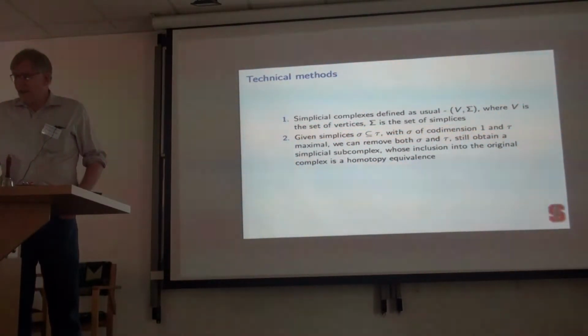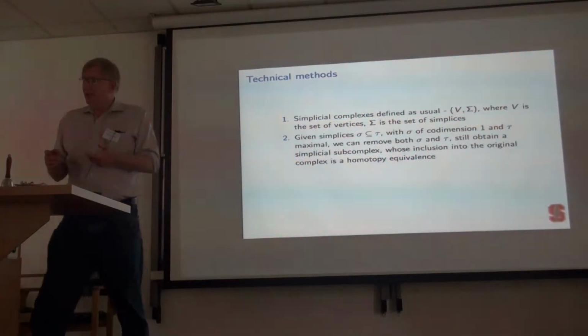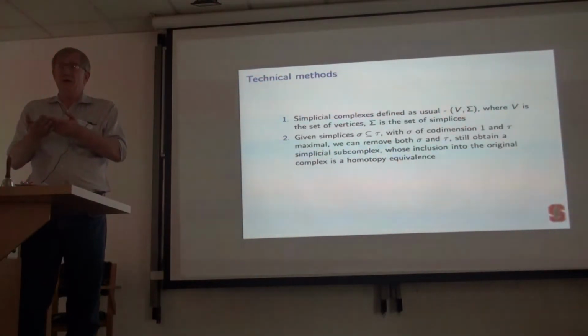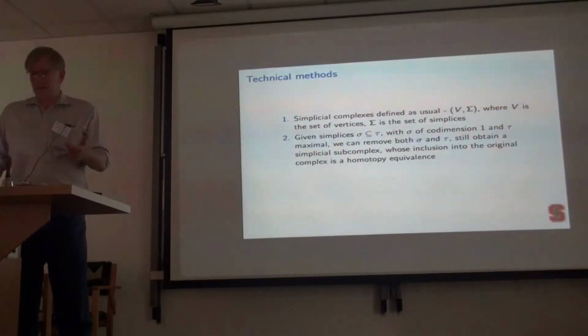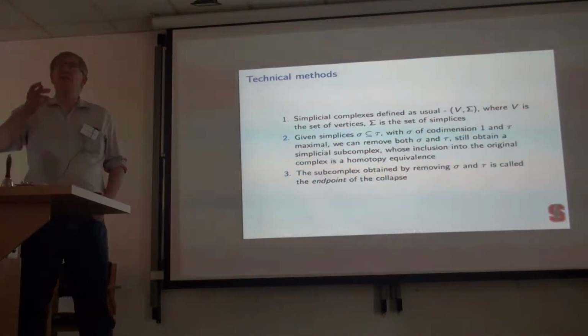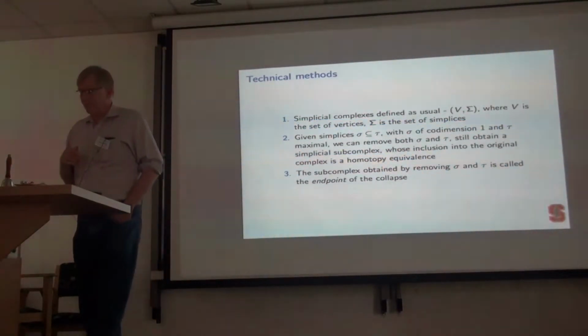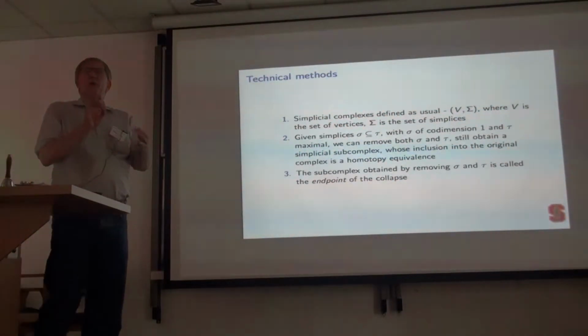Okay, so in that case, because sigma is not contained in any other simplex, I can actually freely remove both the maximal simplex and sigma and get a subcomplex. And it turns out that the inclusion of that subcomplex is a deformation retract of the original complex. Okay? So we'll refer to that as the end point of the collapse.